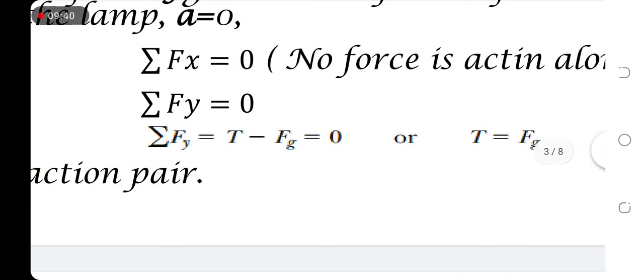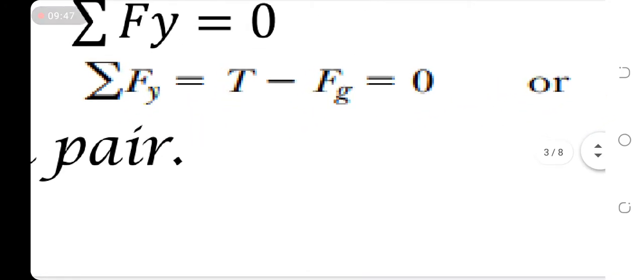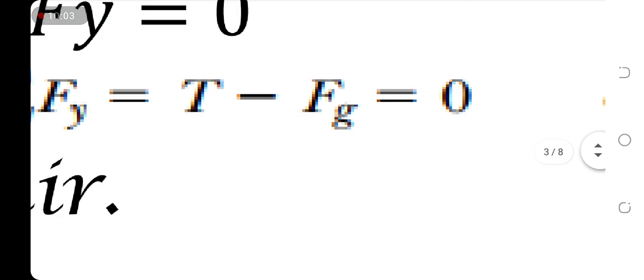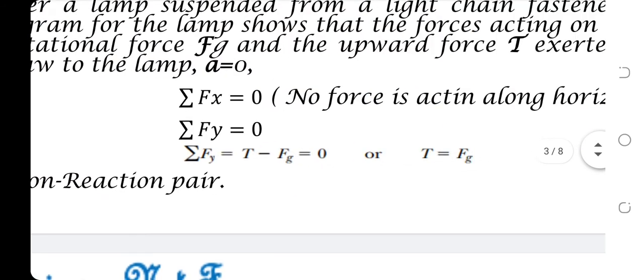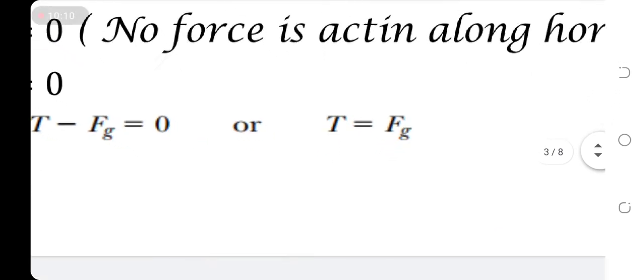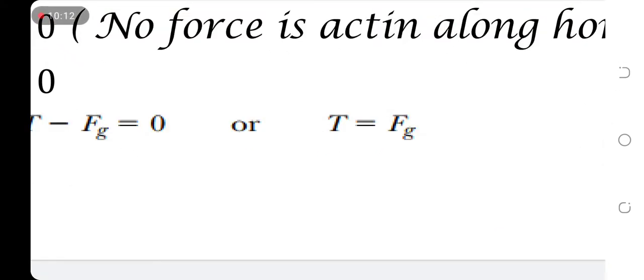Since T is in the upward direction, it is taken as positive, and Fg is acting in the downward direction, so with reference to upward force positive, this will be negative. As the sum of both these forces is zero, we find that the tension force T will be equal to Fg, that is, the force of gravity.